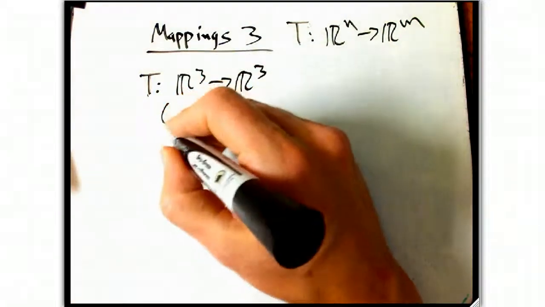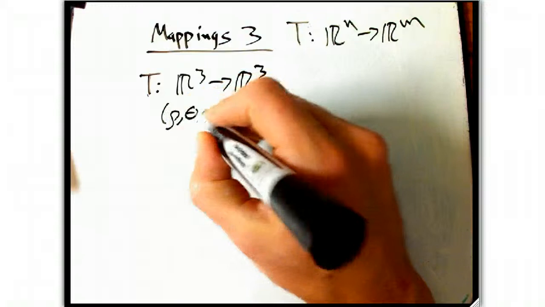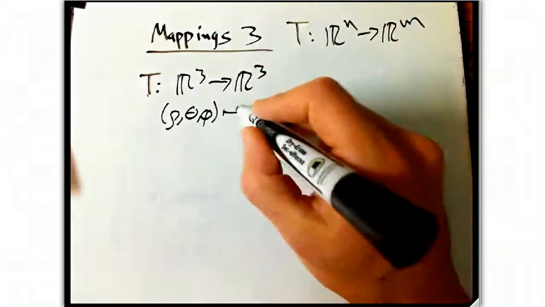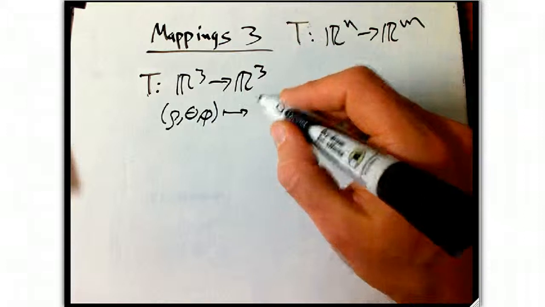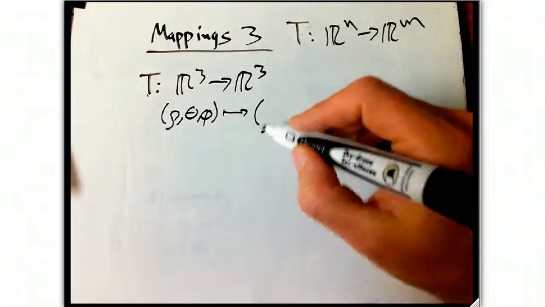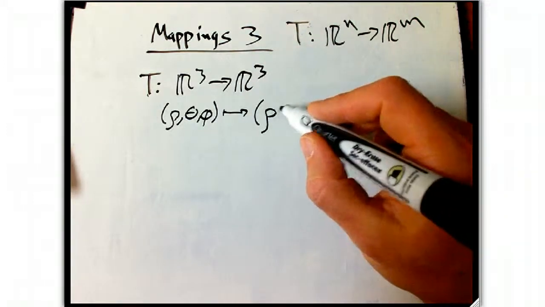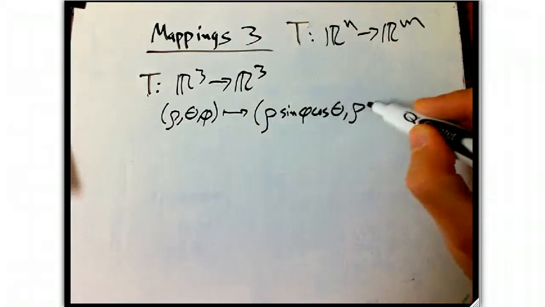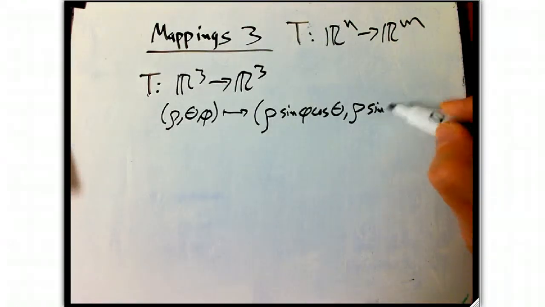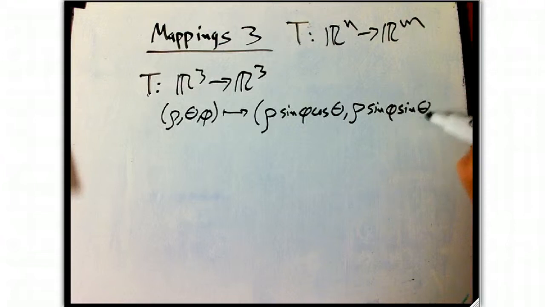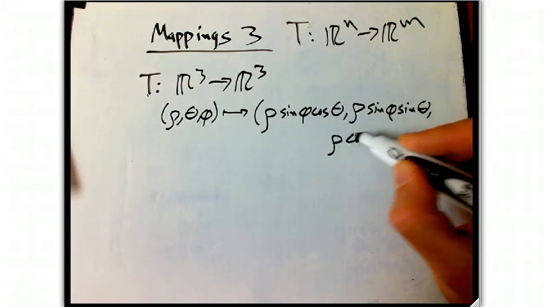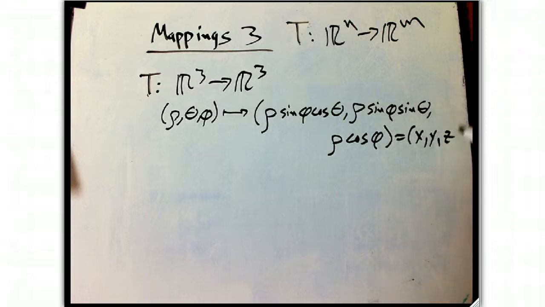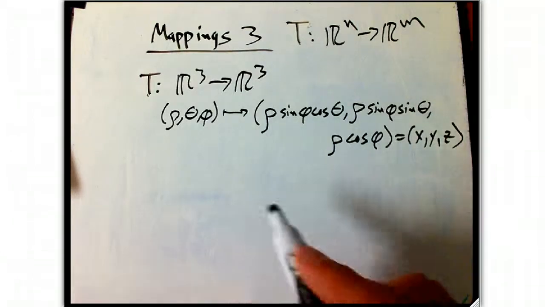So we've got rho, theta, and phi, and using one of the mathematician's conventions, x is rho sine phi cosine theta, y is rho sine phi sine theta, and z is rho cosine phi. That's going to be our x, y, z. That's the spherical coordinate transformation.